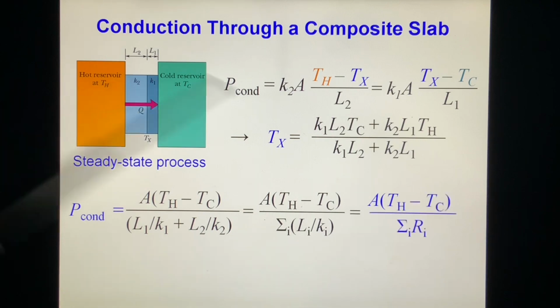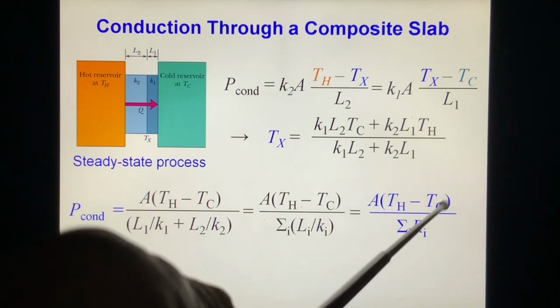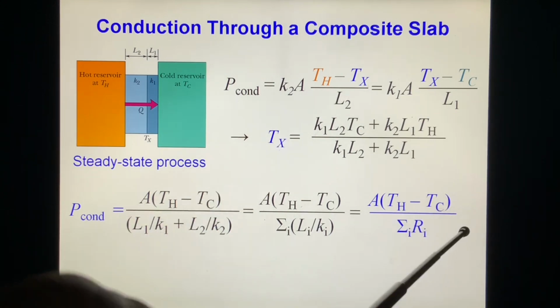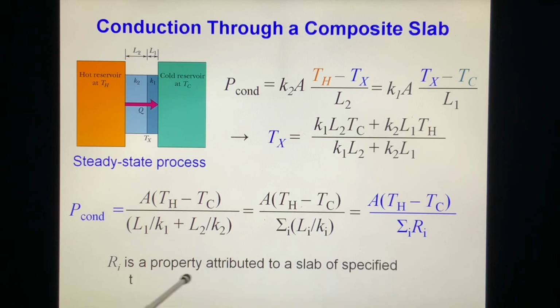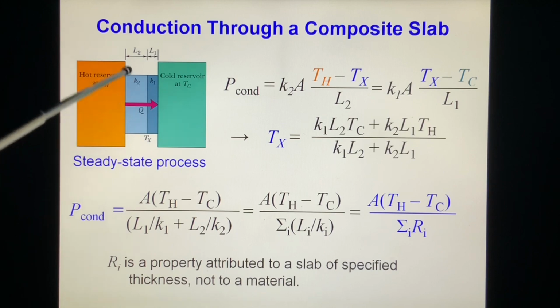If you have 3, we get R1, R2, R3. If you have 1, we get R1. This formula is exactly the same as the previous one. This R is a property attributed to a slab of a specific thickness, not a material, because with the same material and different thickness, R will be different.